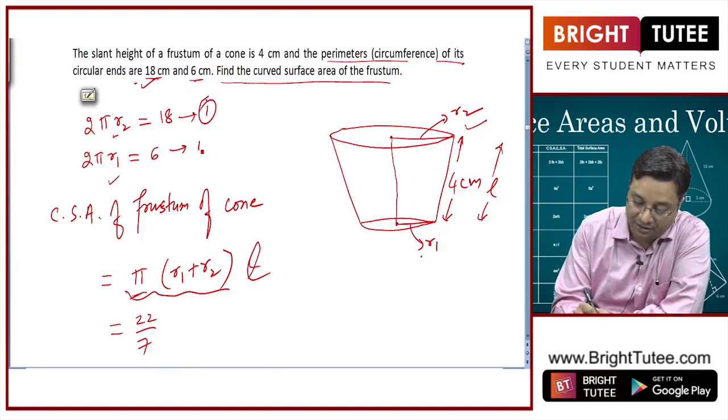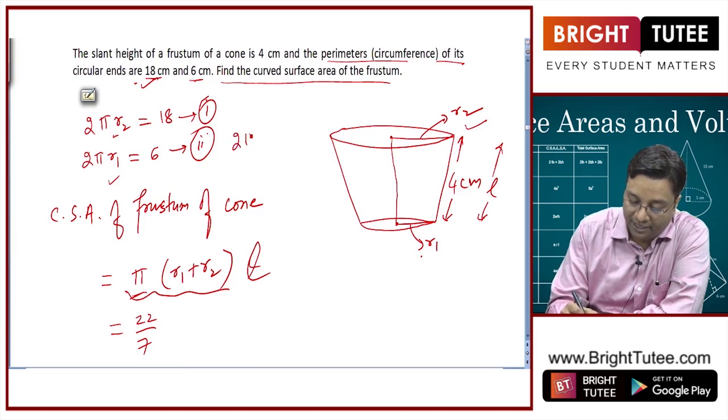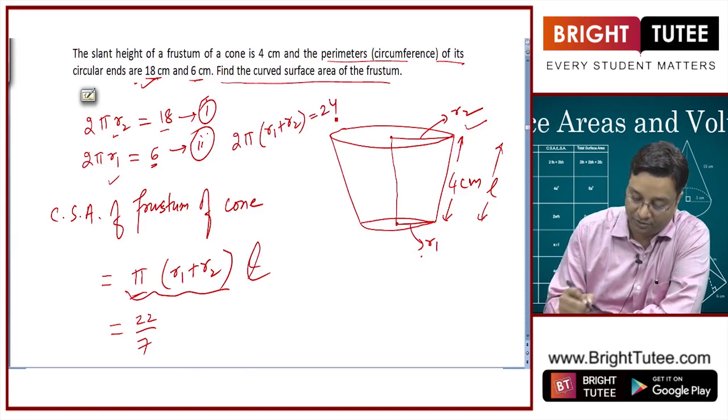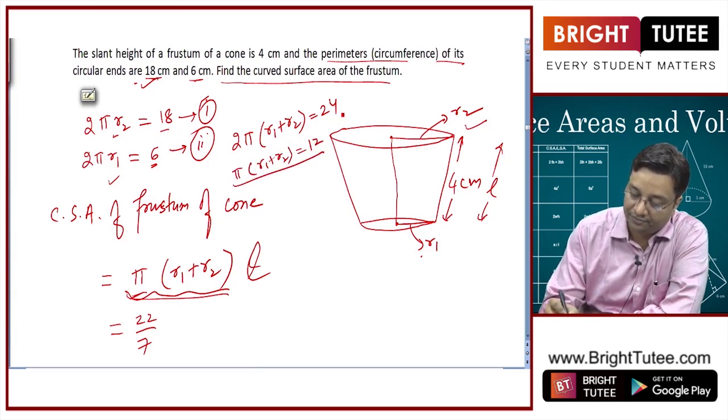If you add these two, you will have 2 pi as common, (r1 plus r2) inside, and it will be equal to 18 plus 6, which is 24. So pi (r1 plus r2) is equal to 12.